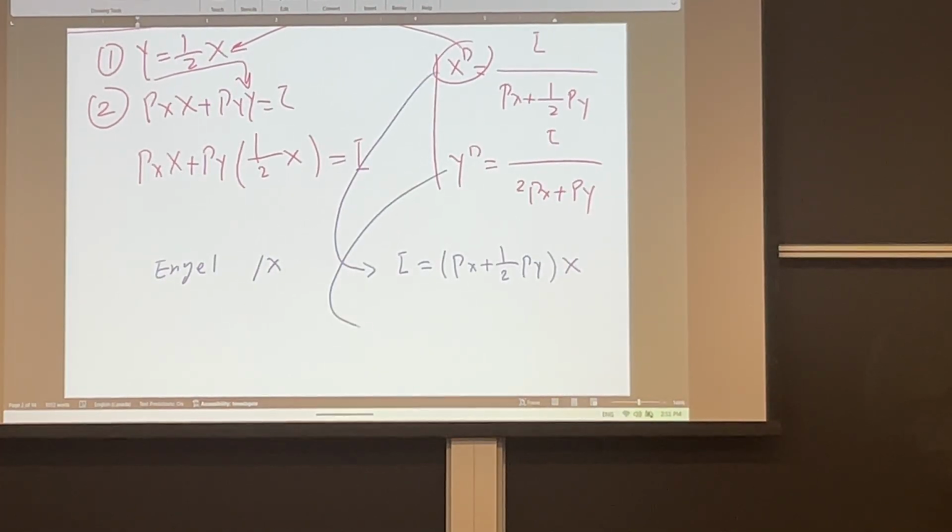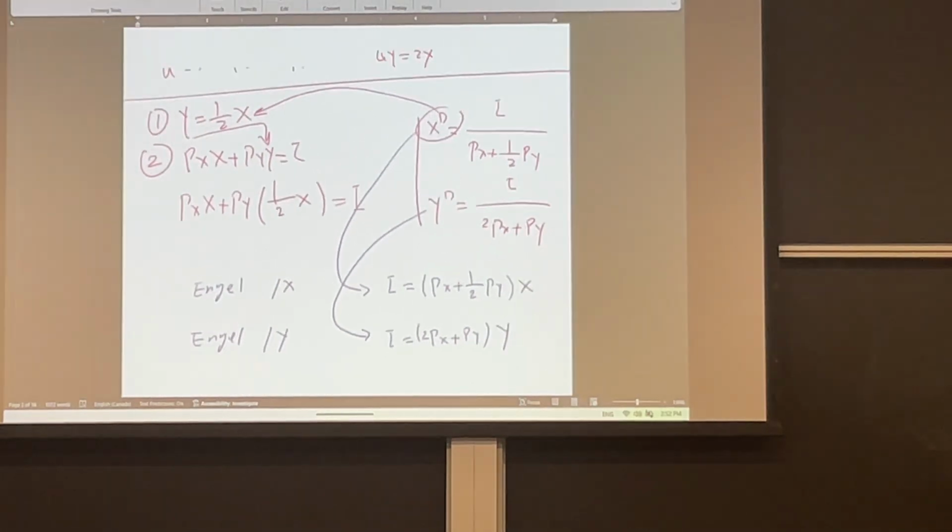Then take this one, isolate for I. That is the Engel curve for y. Make sense? As long as you identify the perfect complement relation, the rest are just using those two equations. Okay?